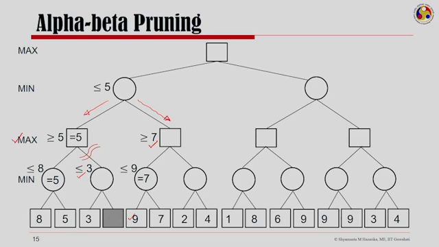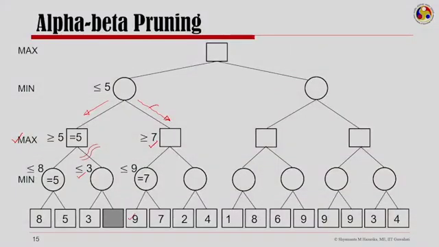Now, the idea for min is to minimize, and therefore, if I have a subtree which guarantees that the value is going to be at least 7 or more, then when I am searching as min, this subtree is as good as non-existent for min. So, we will have a cutoff there.